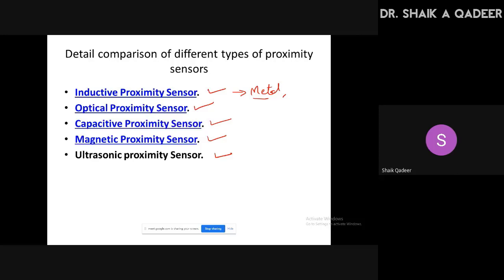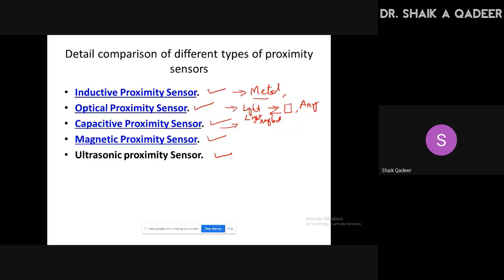In case of the optical proximity sensor, light is transmitted to the object, and based upon whether the object is present or not, we will get either light reflected or light not reflected. Light's reflection is the principle. Here anything can be detected, any object, metal, non-metal, whatever.